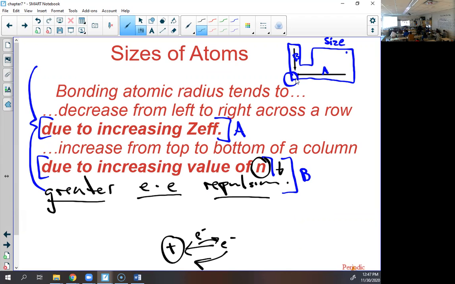So this is what I would do if I were you, because I know how my test goes and it would be useful. Start in your notes drawing periodic tables, just rough sketches, put arrows with an A and a B, label what it's talking about, and then explain A and explain B. Then you can use that as a quick study guide before you take the test.